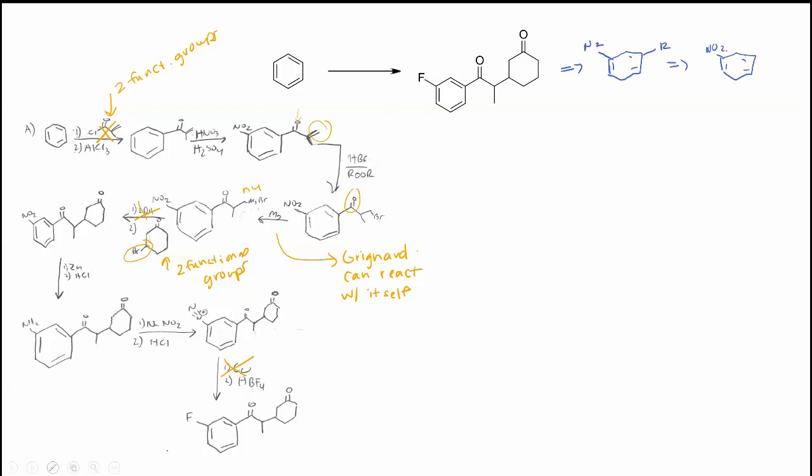And then if I look at the other molecule, I can easily add this via the Friedel-Crafts. And then what I'm noticing is that the functional group, or this cyclohexanone that's getting added, is on the alpha carbon. So I can do some alpha carbonyl chemistry. This is a 1,5-dicarbonyl, which makes me think of a conjugate addition or a Michael addition.